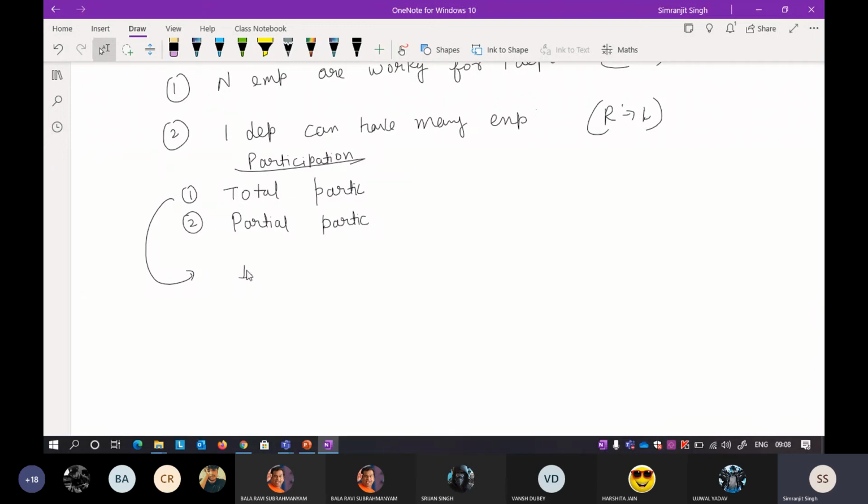If all entities of an entity type participate in a relationship, it means that every entity is participating in that relationship, and that particular relationship is referred to as a total participation.